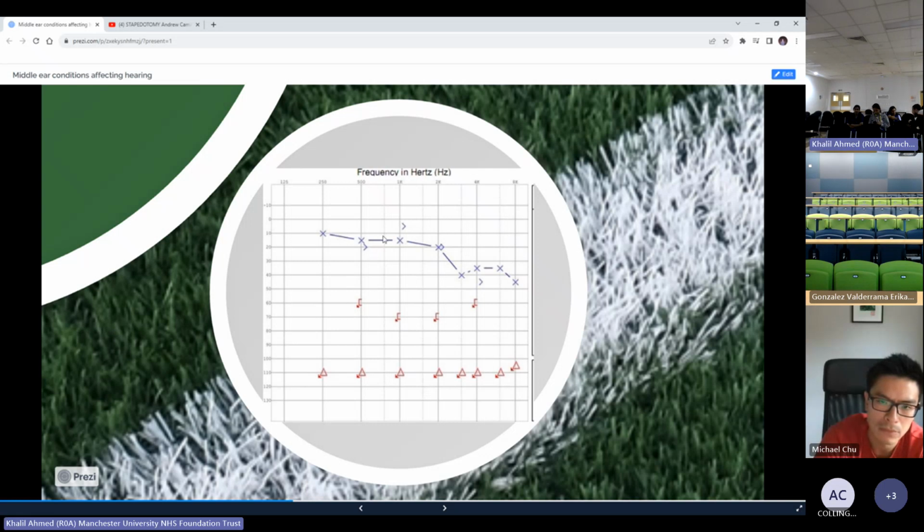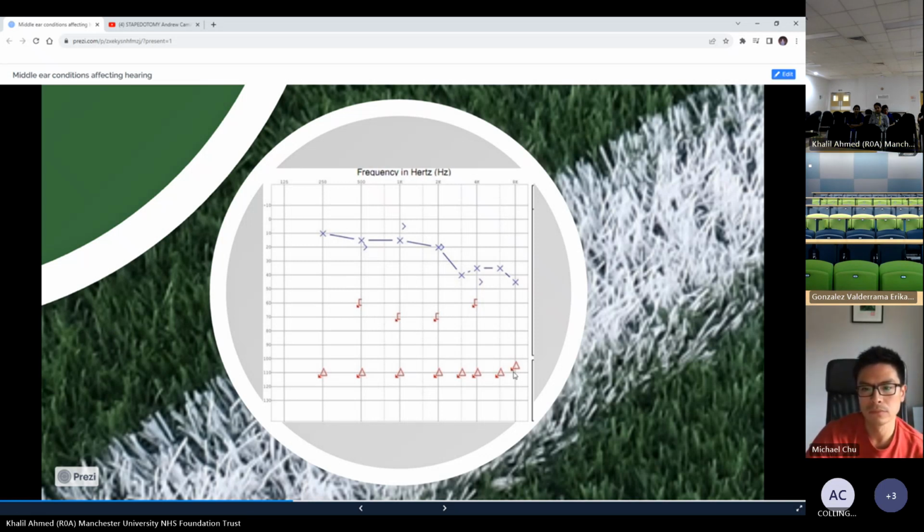Some symbols vary around the world, so you just have to know them all. So that's unmasked bone, and that mirrors the right threshold. On the left side, they've not bothered to put the left air conduction, but instead they masked the bone on the left. What do these little arrows mean coming down from the symbols? All these arrows coming down.